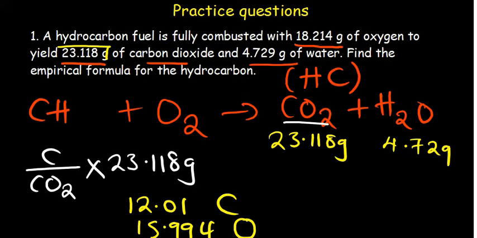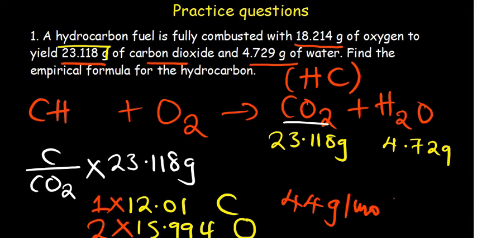You have a single carbon atom, and then two oxygen atoms, so you multiply by 2. For carbon, it's just a single one. So 12.01 times 1 is 12.01 plus 2 times 15.994. So I can say approximately we have 44 grams per mole as the molar mass of our carbon dioxide.